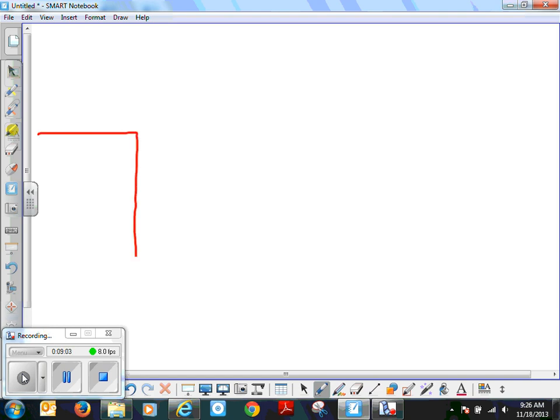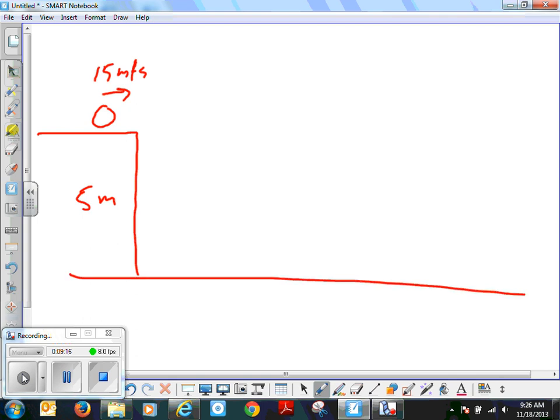Let's just say I have a 5-meter high table, and I'm coming off of it with 15 meters per second. Can you tell me how long it's going to take for this thing to hit the floor? Yeah, right, because you can use this formula, and you can know that the y velocity at this point is going to be 0, right?